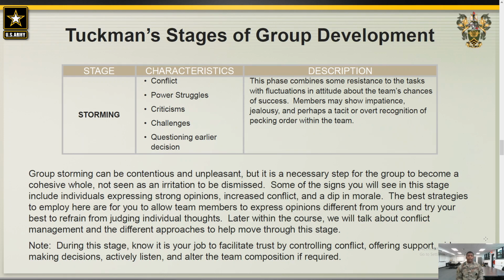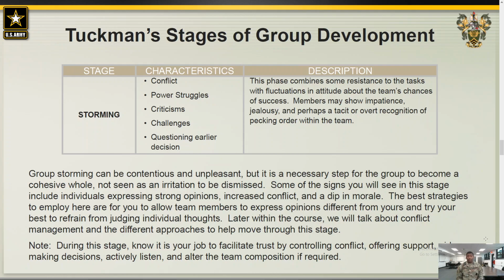The next stage we'll talk about is the storming stage. The storming stage is where chaos kind of takes over. All right. Now these personalities are starting to clash. You're starting to see what people's boundaries are, how they want to stop you from going past certain boundaries that they set for themselves. You'll see a lot of jealousy.